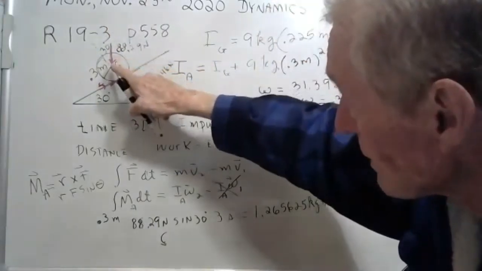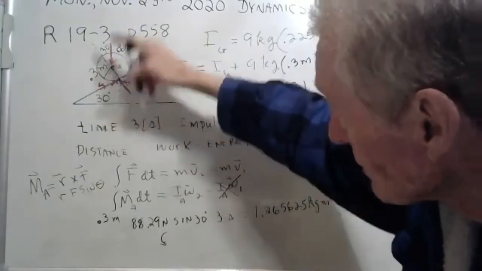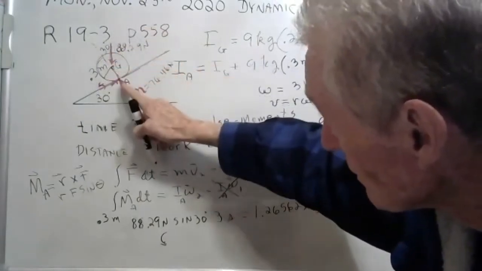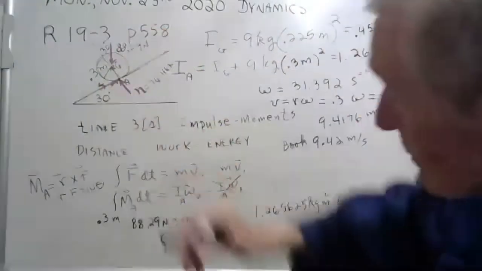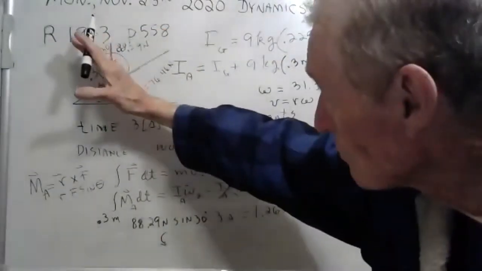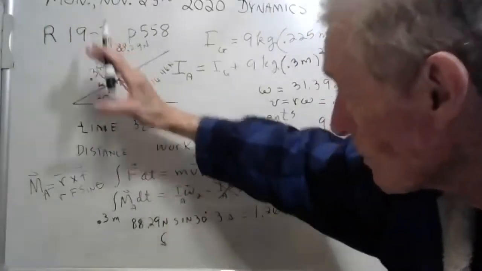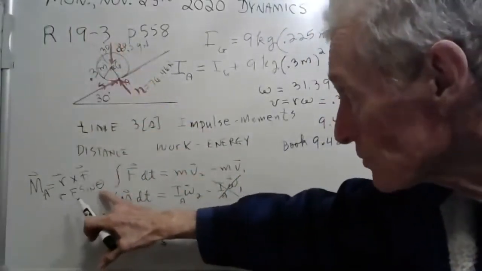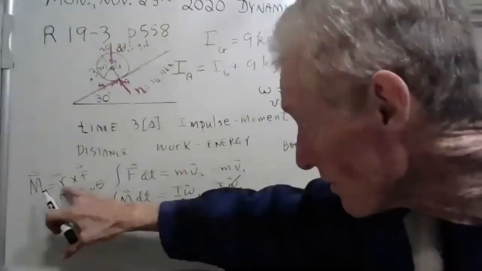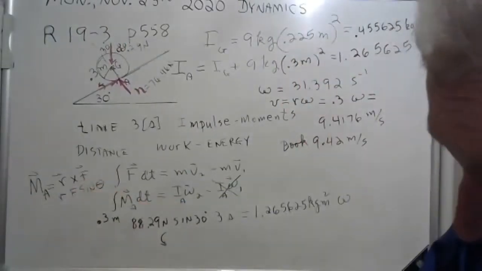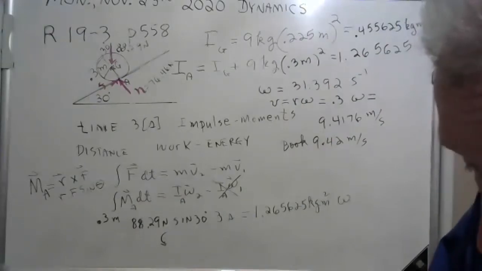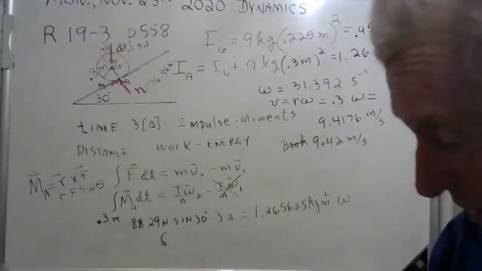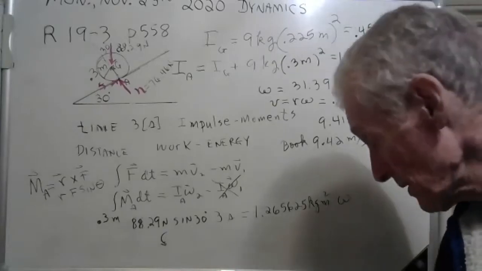See that 30-degree angle between the F, that's the F, and here's the R. The R is actually going from A to G. But the angle between the F and the R, see, that's what this angle is. It's the angle between the R and the F. Okay, great. Any questions from anybody about review problem 19.3?